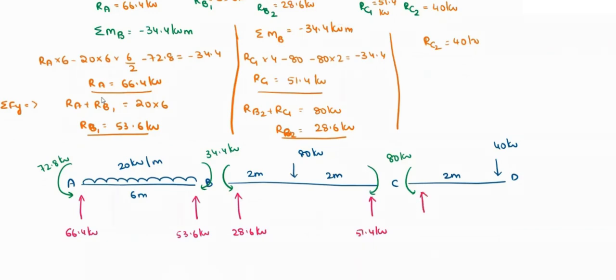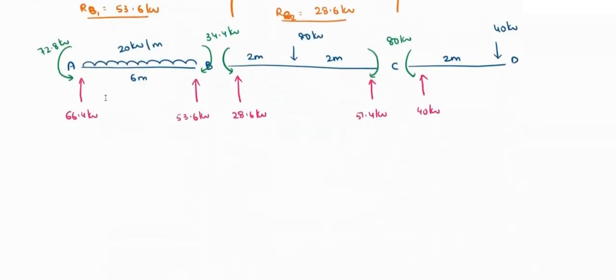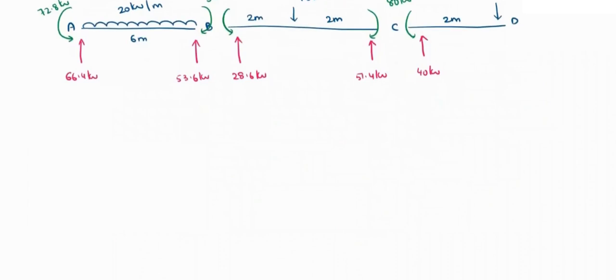And RC2 you are having again 40 kilonewton. So this is the free body diagram. For this free body diagram, you are going to draw the shear force diagram and bending moment diagram. First we'll draw the shear force diagram, then we'll draw the bending moment diagram. So the shear force diagram represents here.